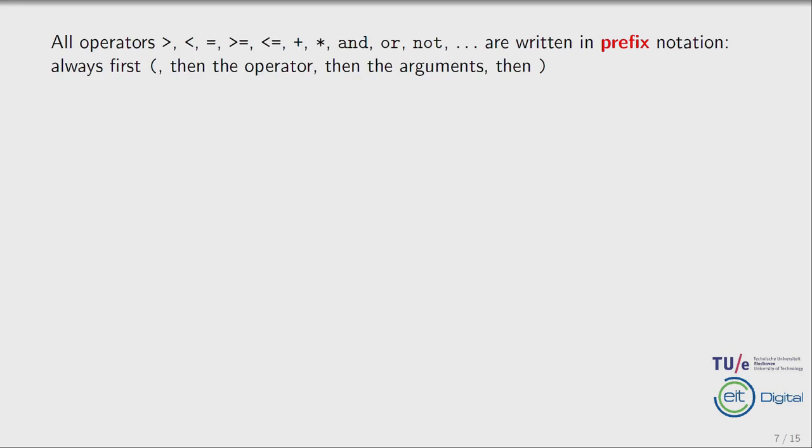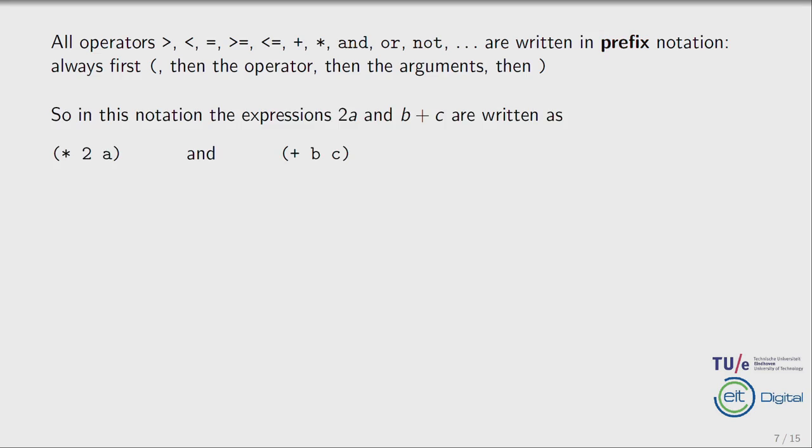All operators in this syntax, greater than, less than, equality, greater or equal, less or equal, plus, times, and, or, not, all operators are written in prefix notation. That means always first we start by parenthesis open, then we have the operator, then the arguments, and then parenthesis closed.